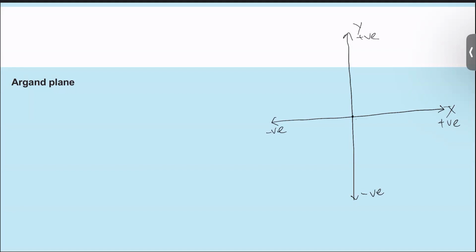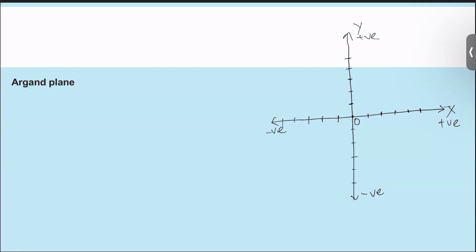This is 0, or the origin. Let's put a scale on all the axes: 1, 2, 3, 4, 5 on each.